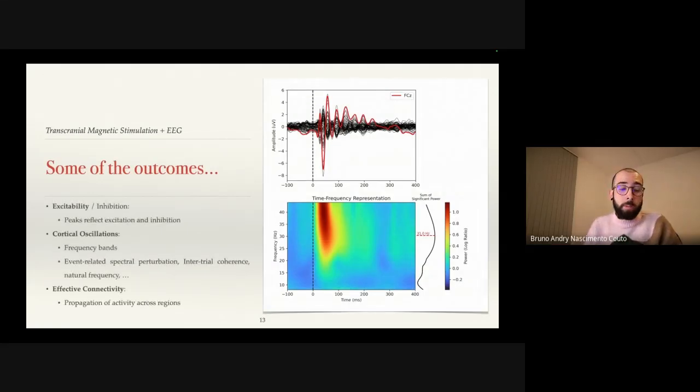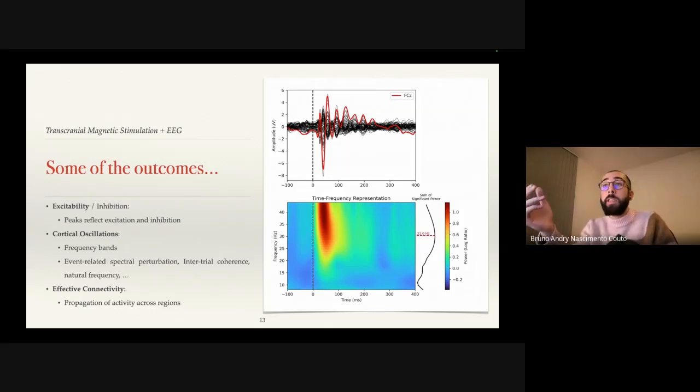Some of the outcomes that we can use from this signal, we can look at the peaks, that is the amplitude of the response, and that itself reflects excitation and inhibition of certain regions of the brain, depending on where it's stimulating. And it's believed that it is associated with GABAergic neurotransmission.